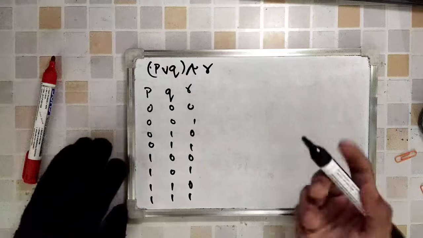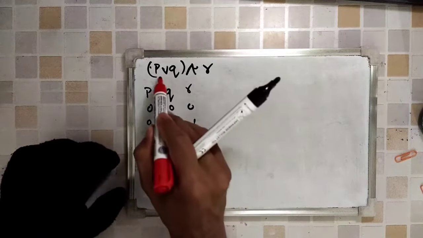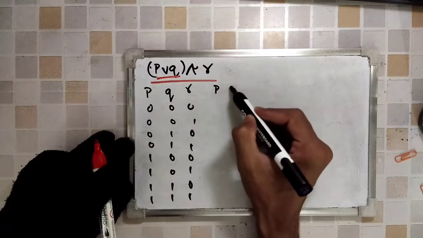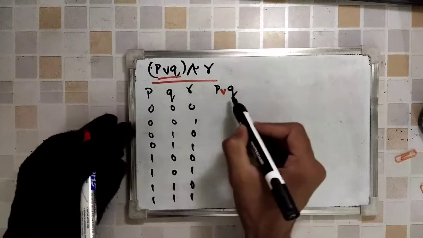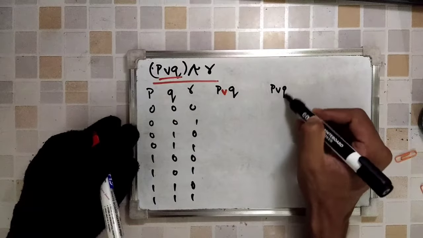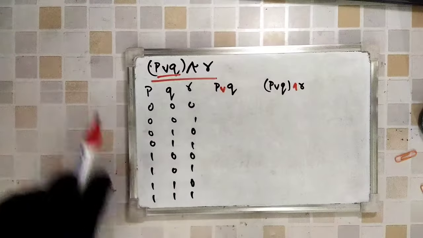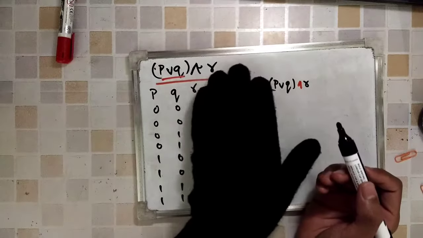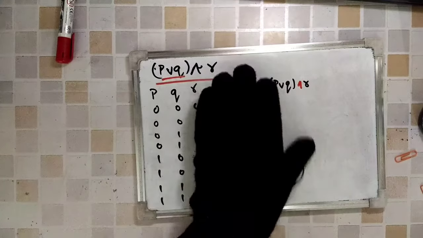Okay, we got it. See here I have two things. First I have to do this, then I have to do the whole thing. So first I will write P or Q. Once I find this, then I have to write (P or Q) and R. So first let me find P or Q. If it is P or Q, I won't be thinking or caring about R. I'll only take these two columns.